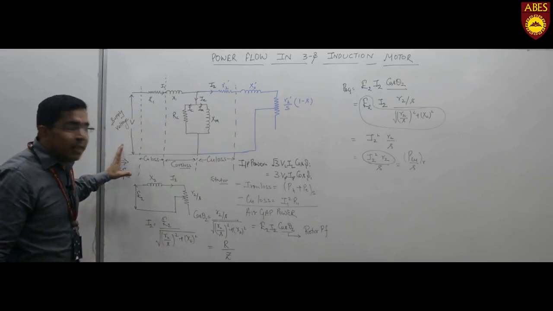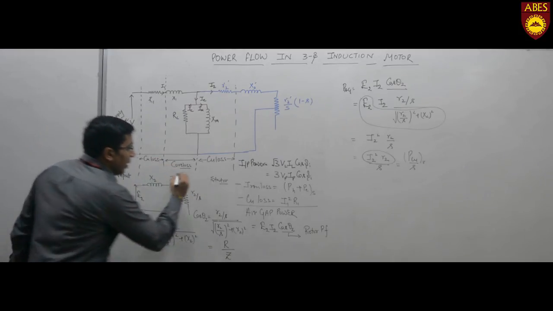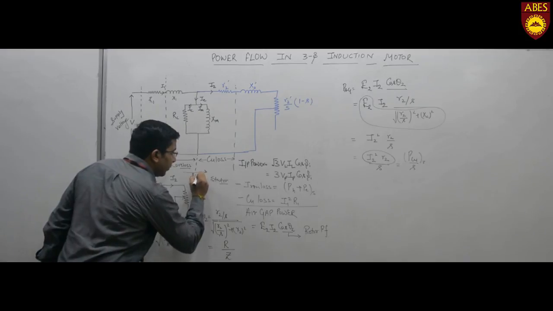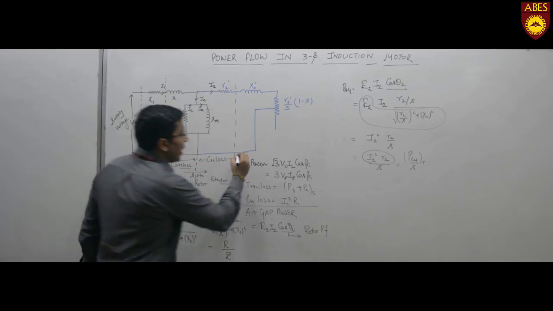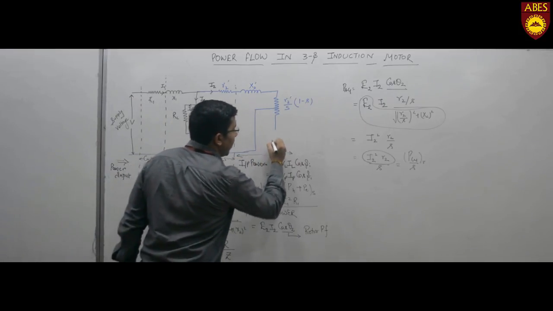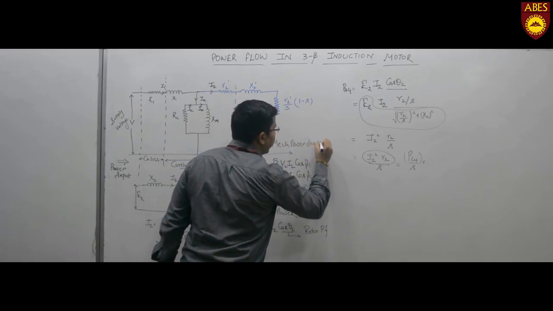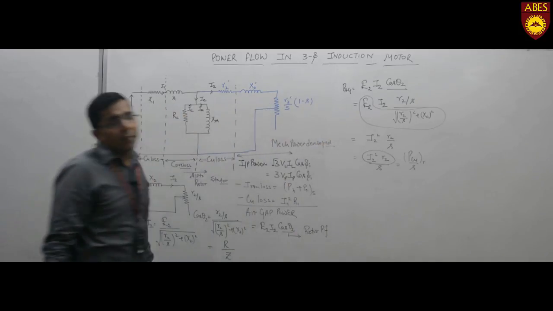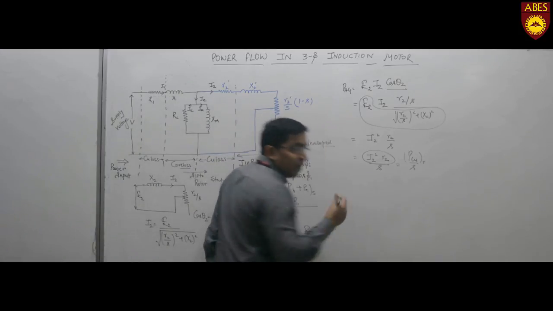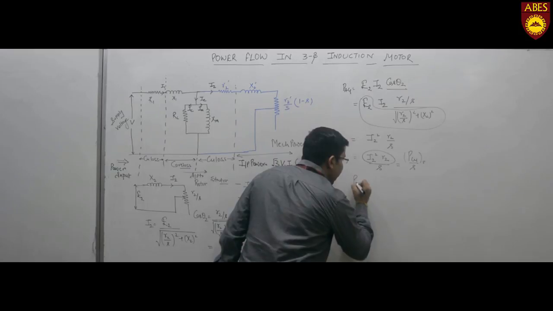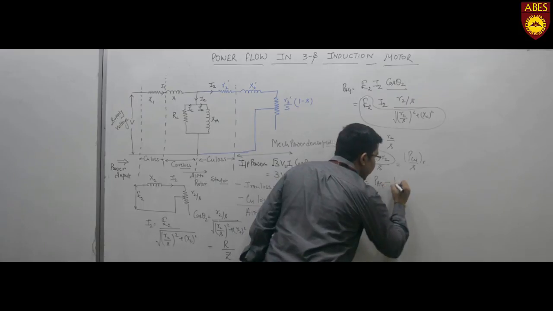Now there is input power, copper loss on the stator side, core loss on the stator side, input to the rotor, copper loss, and what is left over is the mechanical power developed. That means PMD is equal to PAG minus PCU.